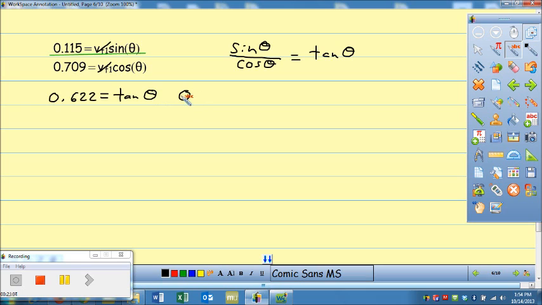That means theta equals tan inverse of 0.622. Putting that on my calculator, we get theta equals 9.2 degrees.